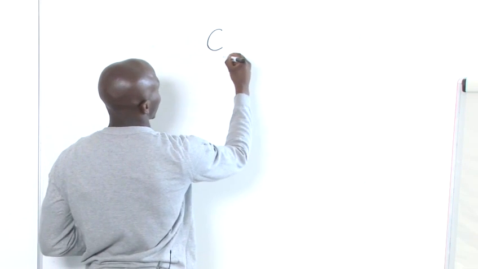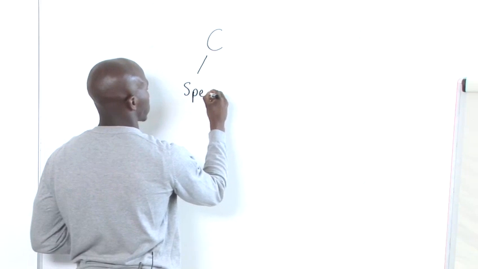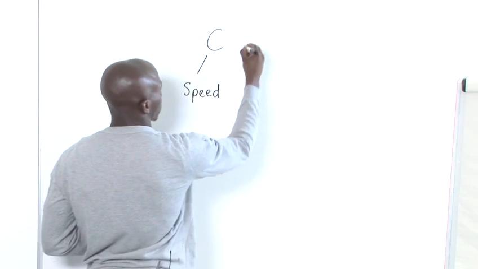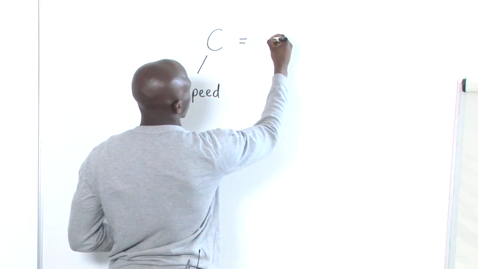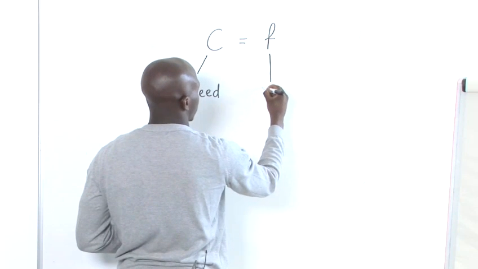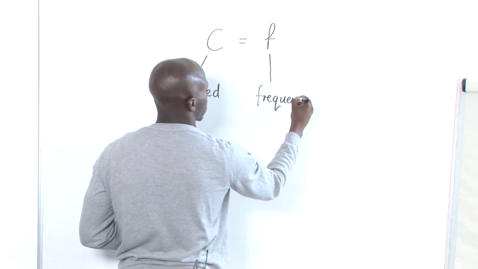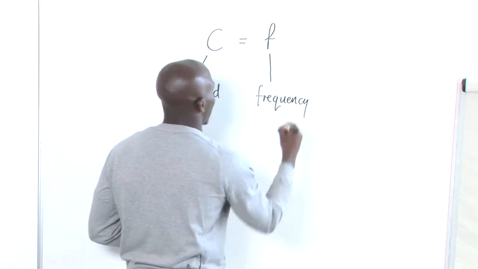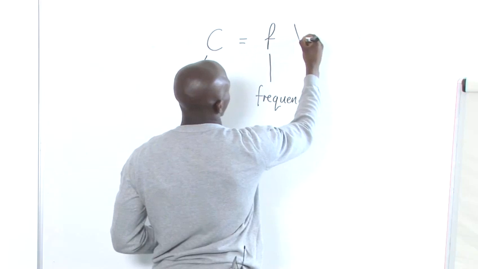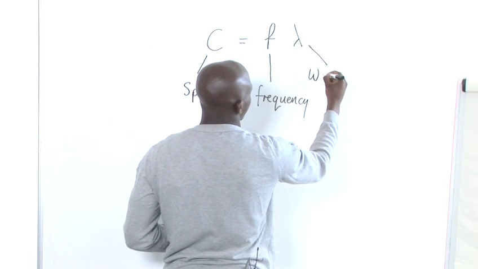You've got C as the speed, you've got frequency as F, and you have lambda, which is a Greek symbol, as the wavelength.